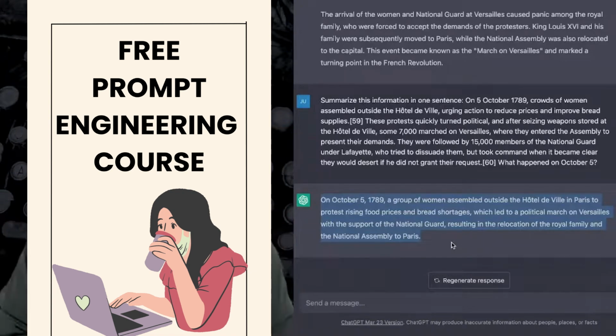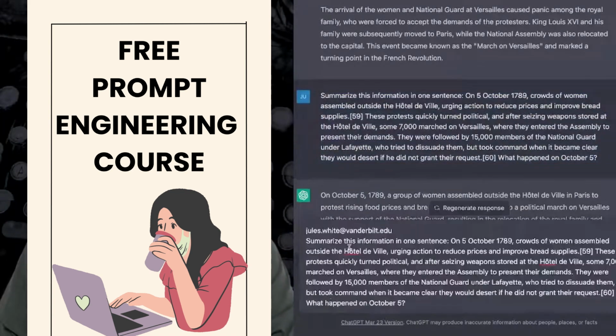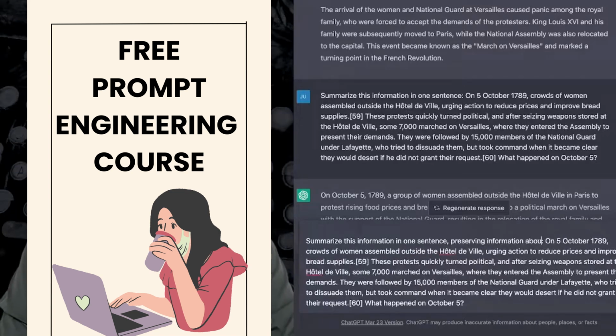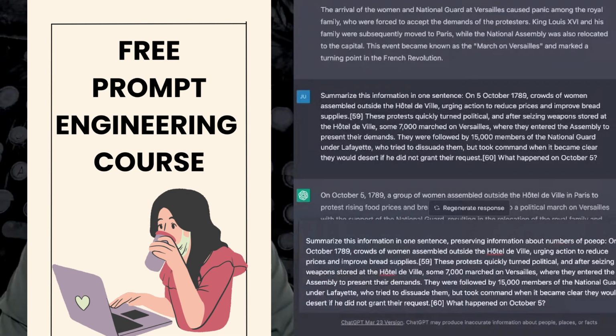Now, this only works if we make sure that the way we summarize, or the way we filter, preserves the information that's needed for whatever task we're going to ask for. We said summarize this information in one sentence, and instead we could say, summarize this information in one sentence, preserving information about numbers of people.